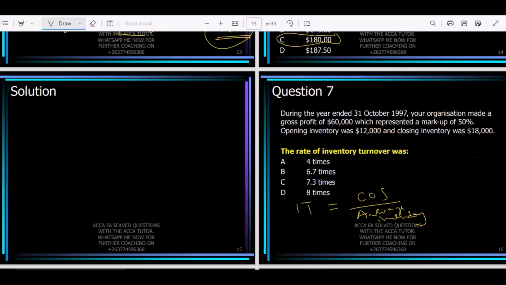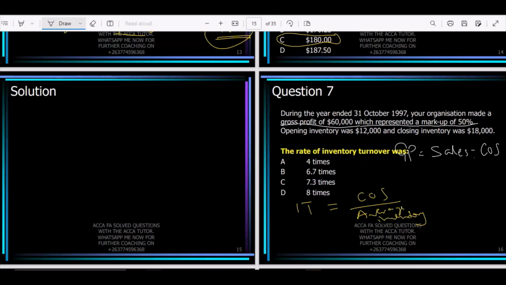Okay, so we are given information that the gross profit was 60,000, which represented a markup of 50%. Okay, we know that gross profit is found by saying sales minus cost of sales. Okay, so gross profit GP is equal to sales minus cost of sales.